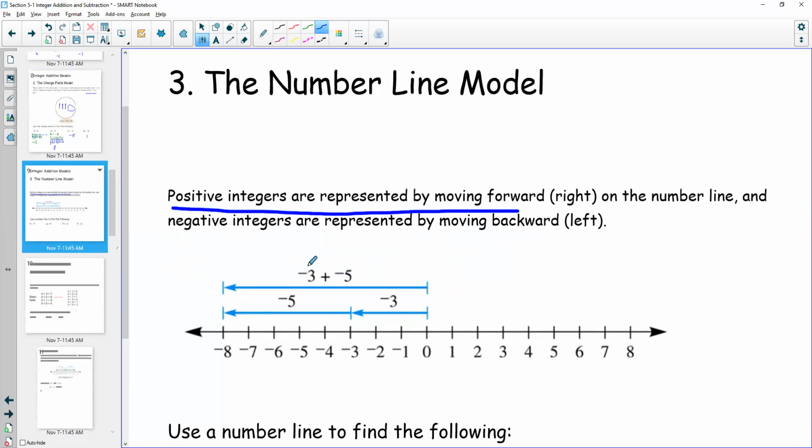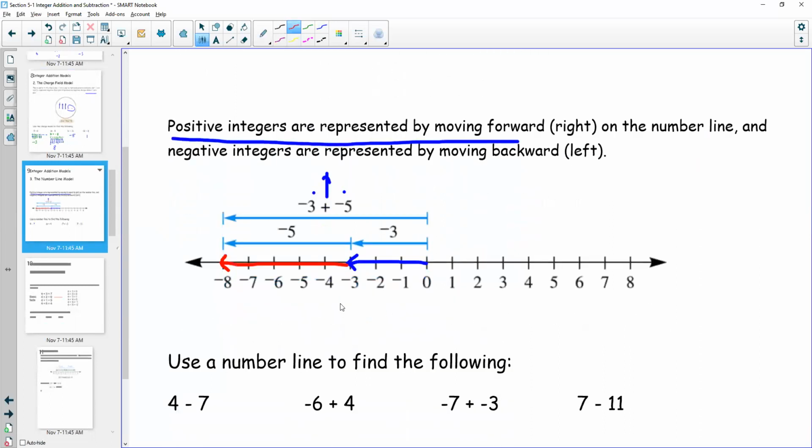So if I have -3 plus a -5, I'm going to start at 0 and move -3 to the left. Think of this plus as an and. So I have -3 and -5. So from -3, I'm going to move -5 more to end up at -8.